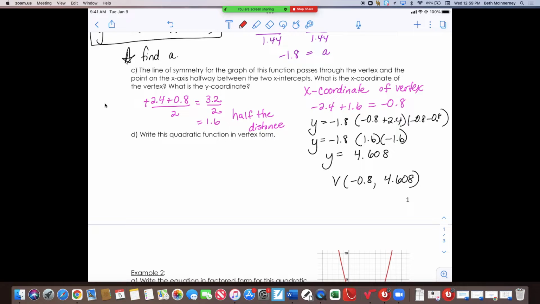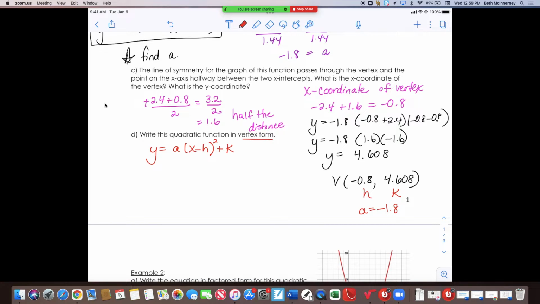So now it says, write this quadratic function in vertex form. So let's write down vertex form. I know my h and my k, and do you remember we found a already? We found the a value. So go ahead and plug those three numbers into your vertex form.